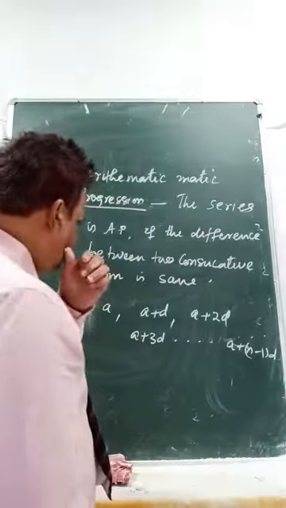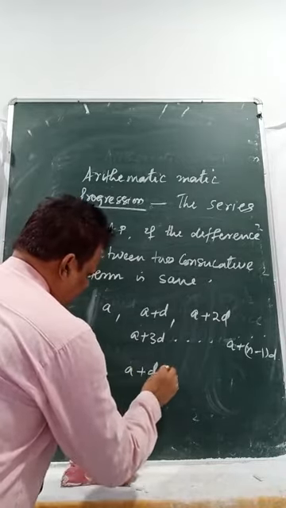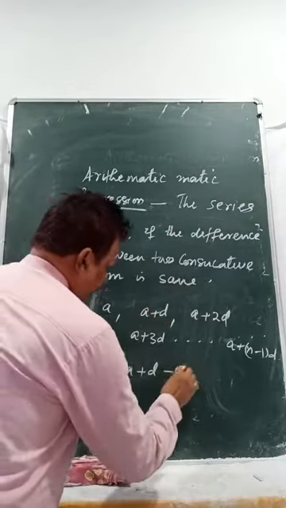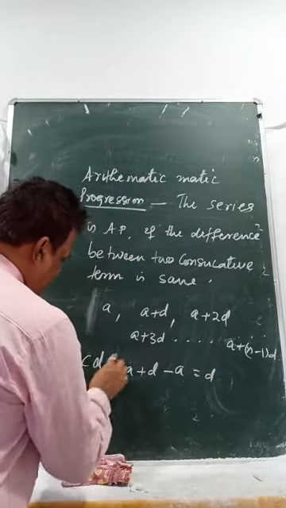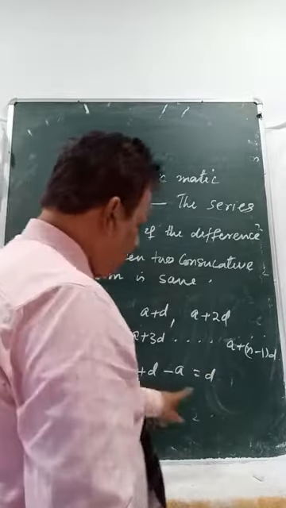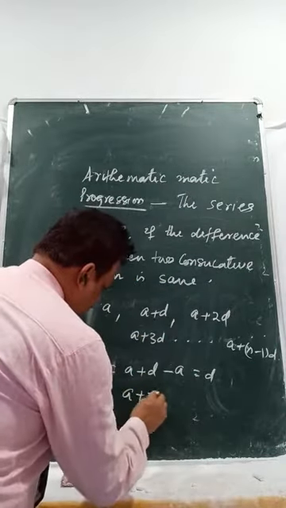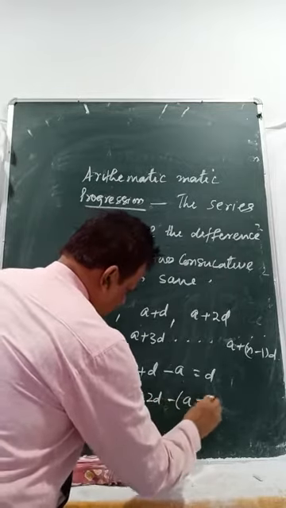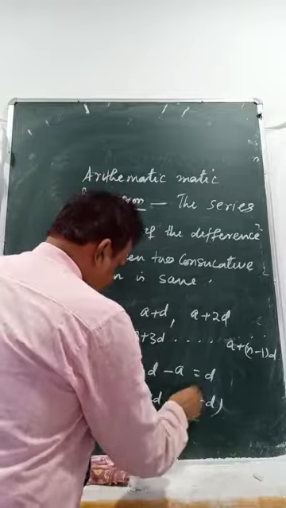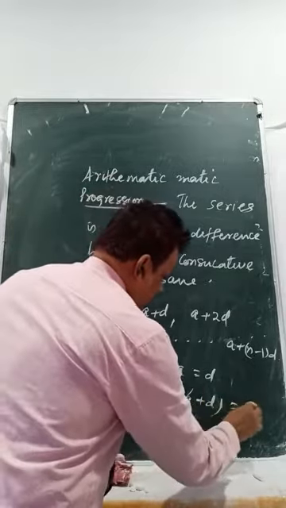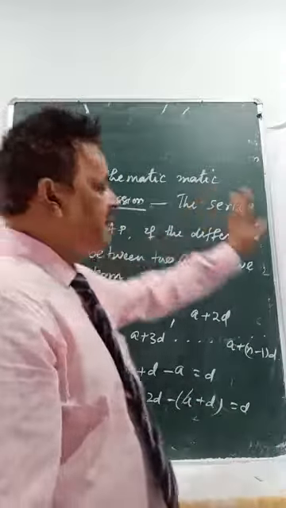So difference is same means you see here A plus D minus A, that is D. This is called CD. CD means common difference. Again you subtract here A plus 2D minus A plus D. So you can see here this A is cancelled, 2D minus D is D. So when the difference becomes same, that is called arithmetic progression.